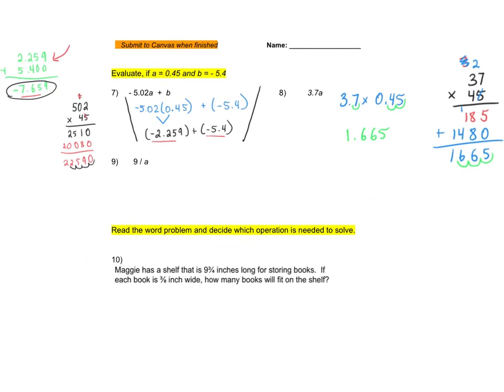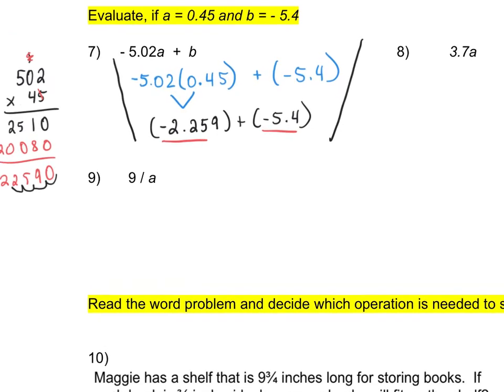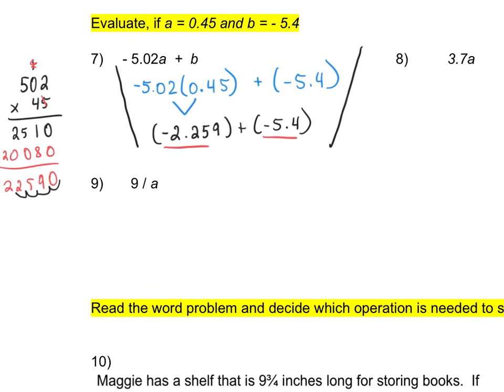And for number 9, remember the slash means divide. So here you're dividing 9 divided by 0.45. So remember though, before I put that 45 on the outside, I need to move that decimal 2 places over.